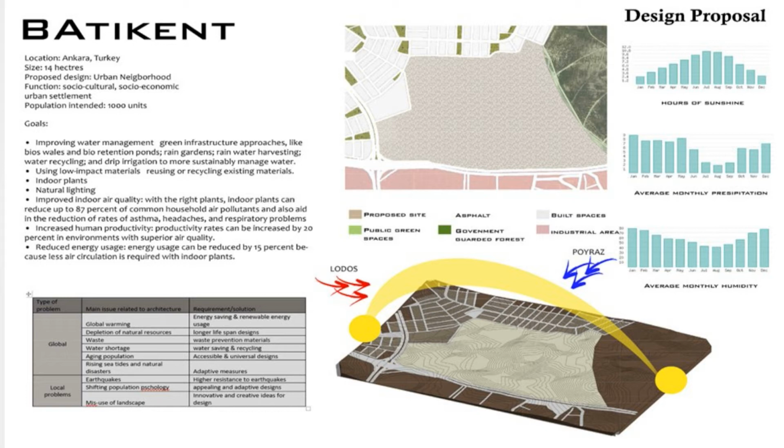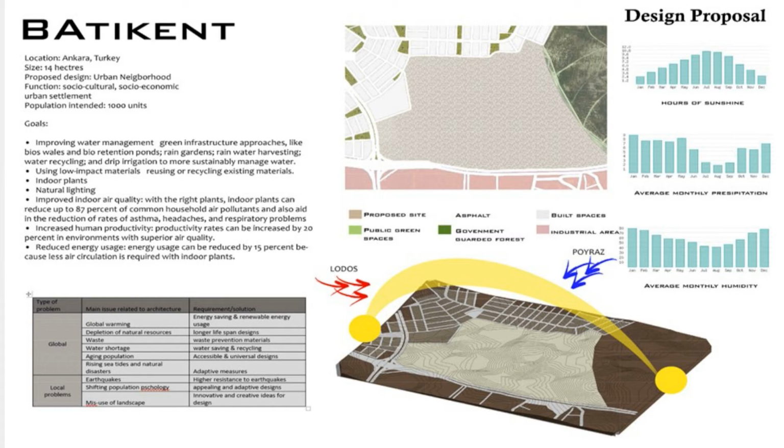So to tackle this, I was going to implement energy saving and renewable energy usage, longer lifespan design, waste prevention materials, water saving and recycling, accessibility and universal designs, and adaptive measures to tackle natural disasters, like higher resistance buildings that can resist the more prominent earthquakes happening now, and also in the future.